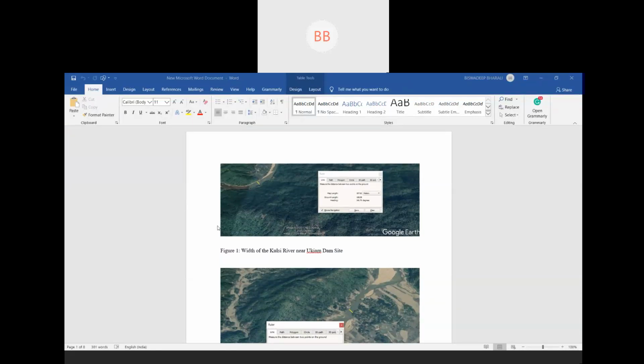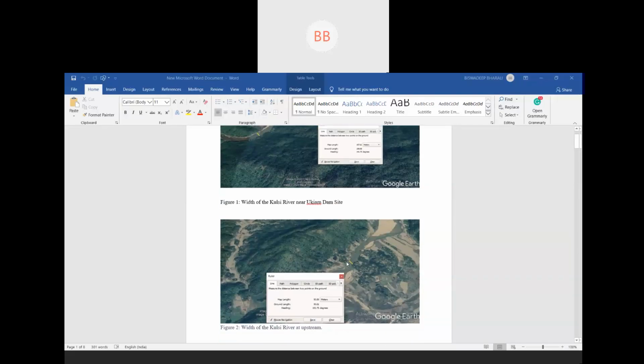You can see here in this Google Earth image the top view of the Kulsi River, which I have already shown you in the basin diagram. This yellow line is the width of the river.